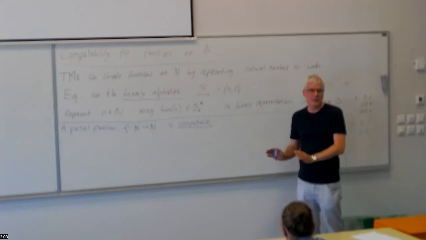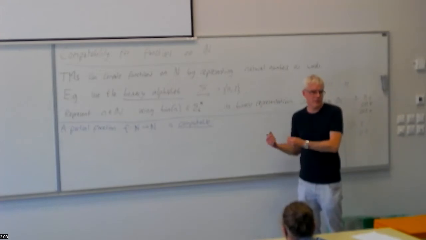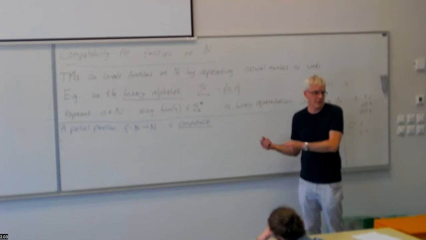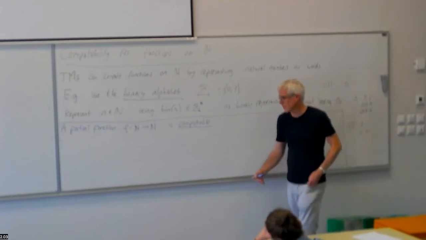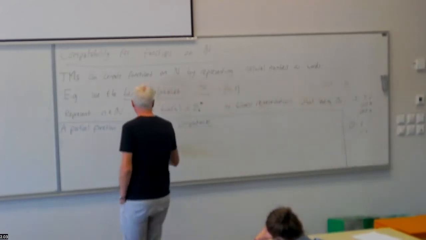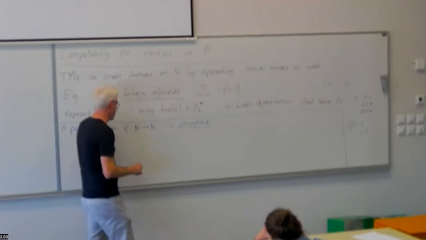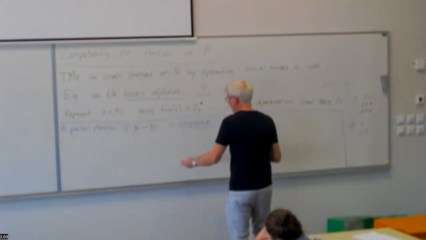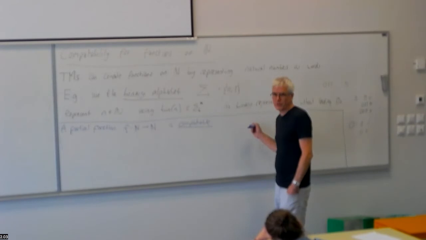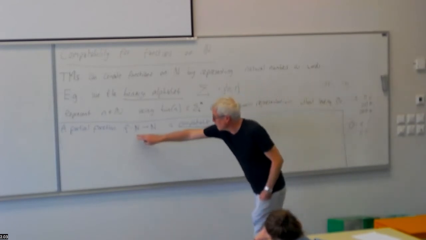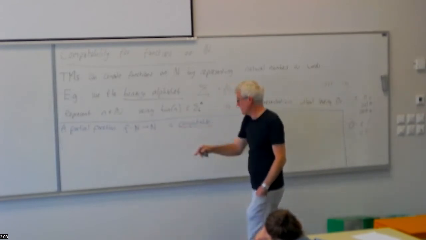So we can forget the Turing machines and just think about the functions on words being computable. Turing machines are there computing those functions in the background, but we don't really need to explicitly refer to them.